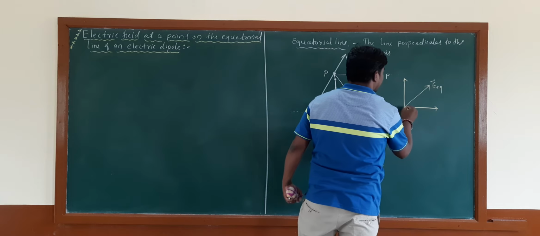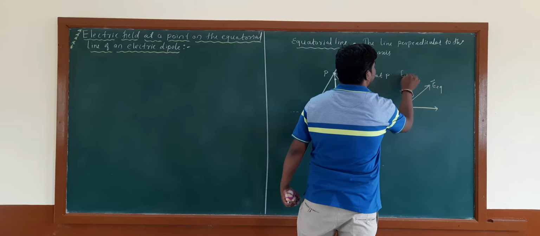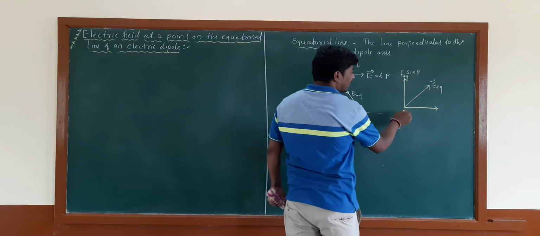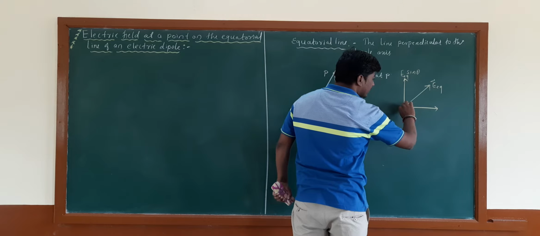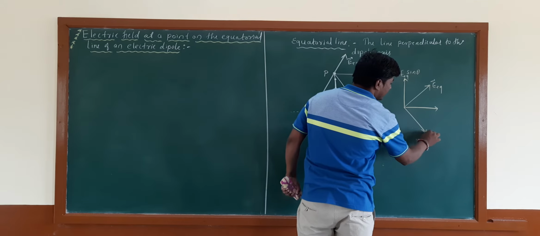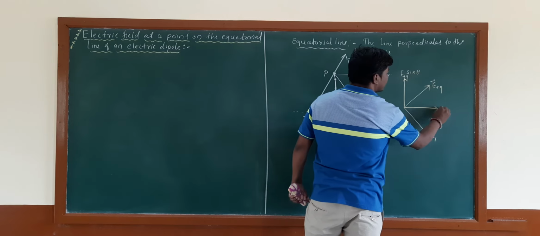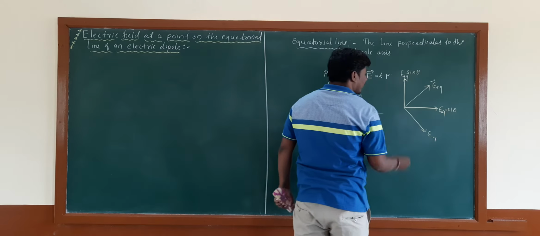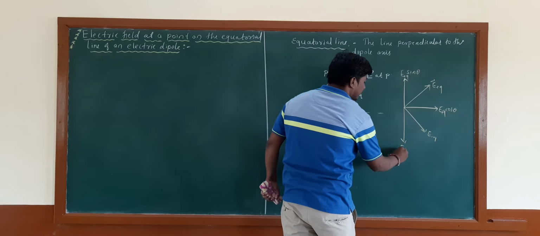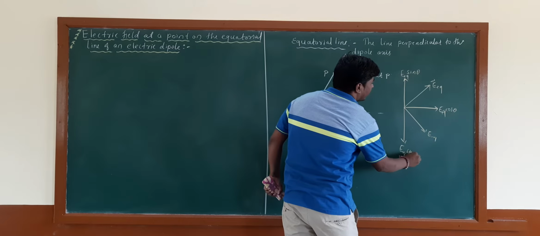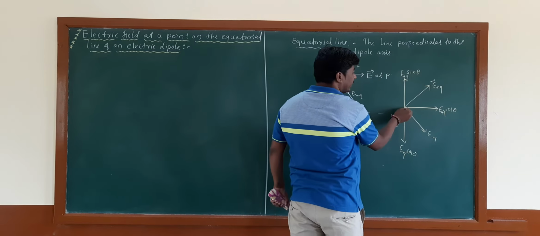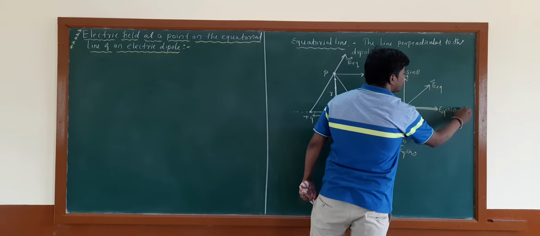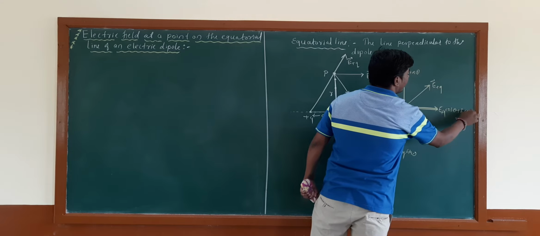It is E plus Q sin theta, right? And there is one more, E plus Q cos theta, and here we get E minus Q sin theta, and this also. So here we have the two resultants, plus E minus Q cos theta.